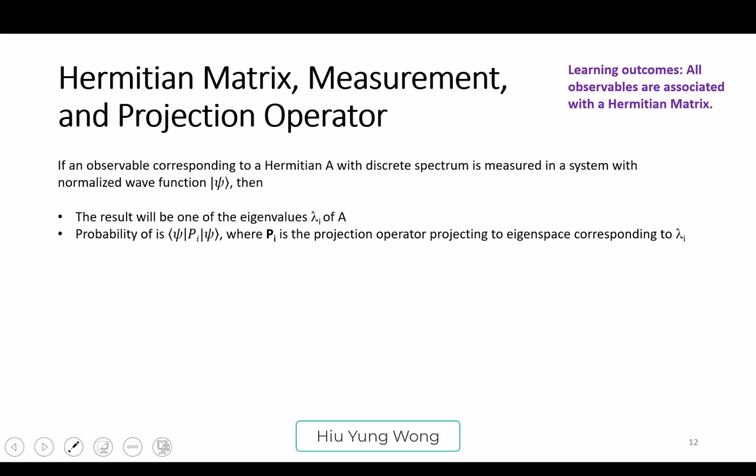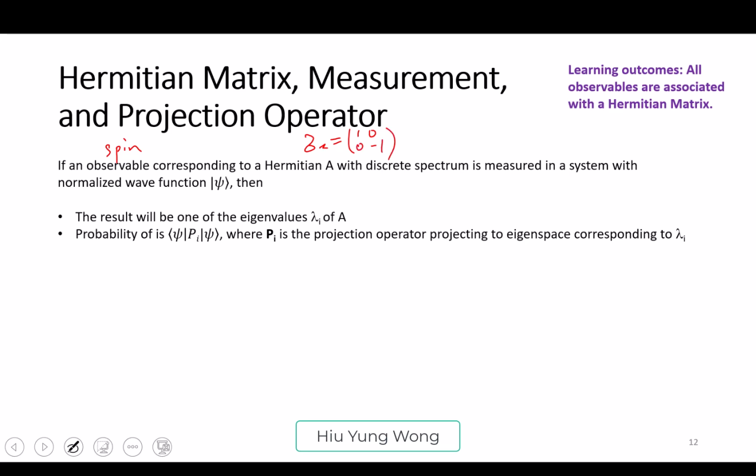But for example, when you measure the spin, it corresponds to the Pauli matrix, right? For example, the spin might correspond to a Pauli matrix sigma z, right? Which we just discussed.